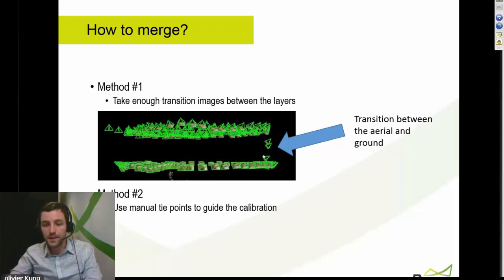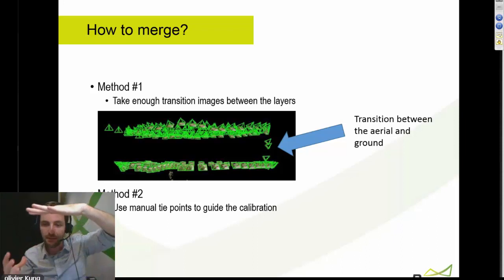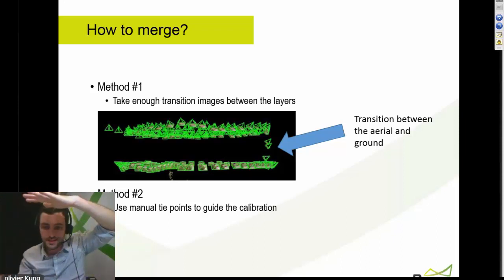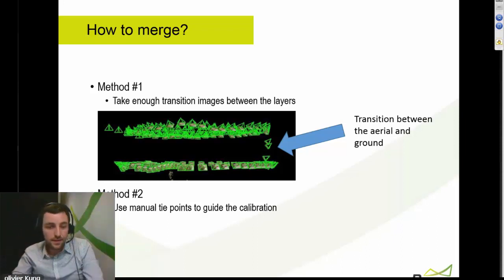This transition is generally enough to make it able to calibrate two data sets at the same time. And then the only thing you have to do is basically put all the pictures together in the software and let the software do the processing. You don't have to do any manual merging. The whole process is going to be automated.